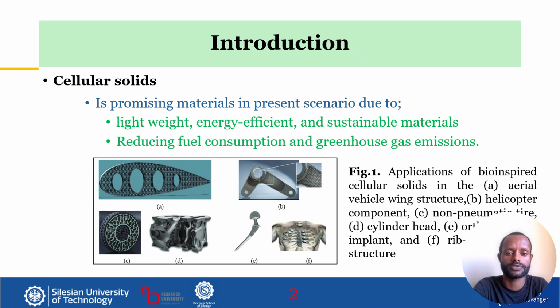As we see from this figure, the common applications of these solids are in aerial vehicle wing structures, helicopter components, pneumatic tires, cylinder heads, orthopedic implants, and also rib structures.